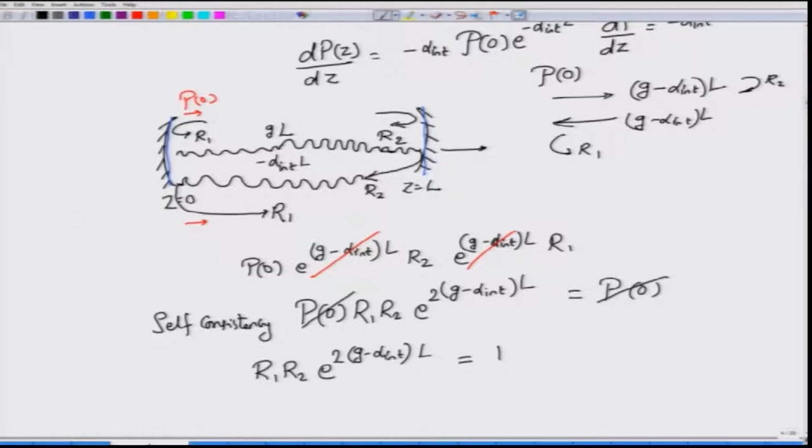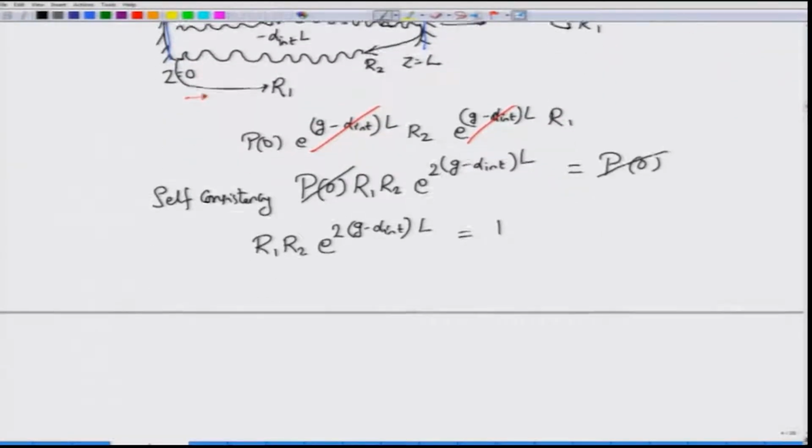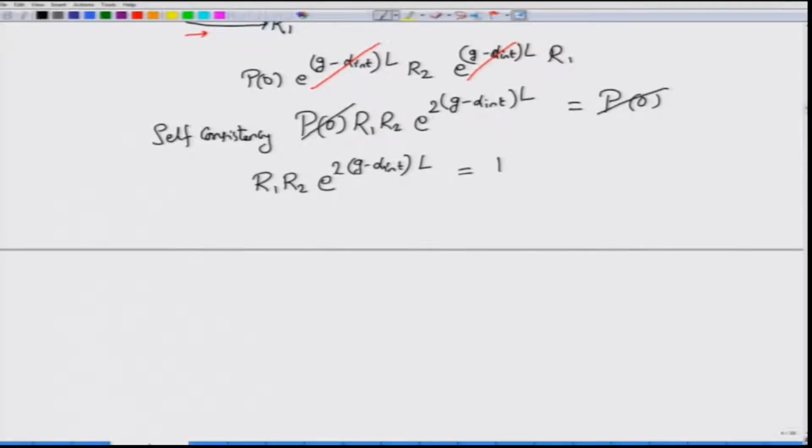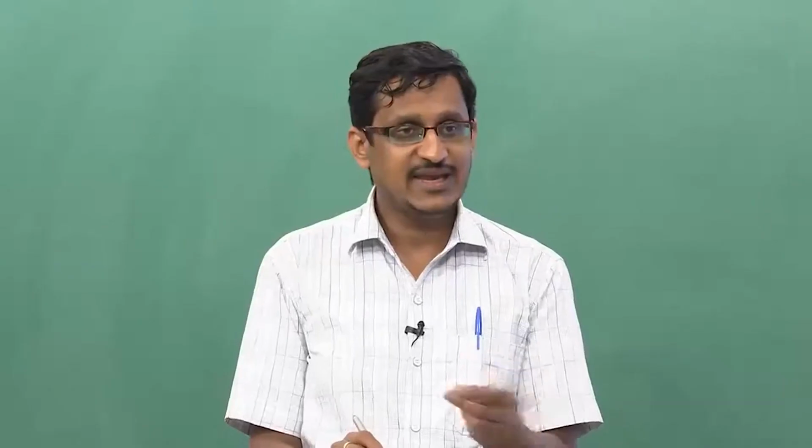This is the self consistency requirement, and you need to really satisfy this particular condition. Of course, here you might also observe that you can't let g be less than alpha int, then it will not be satisfied. So, you want g to be greater than alpha int. In other words, the gain of the medium has to be larger than any intrinsic losses.